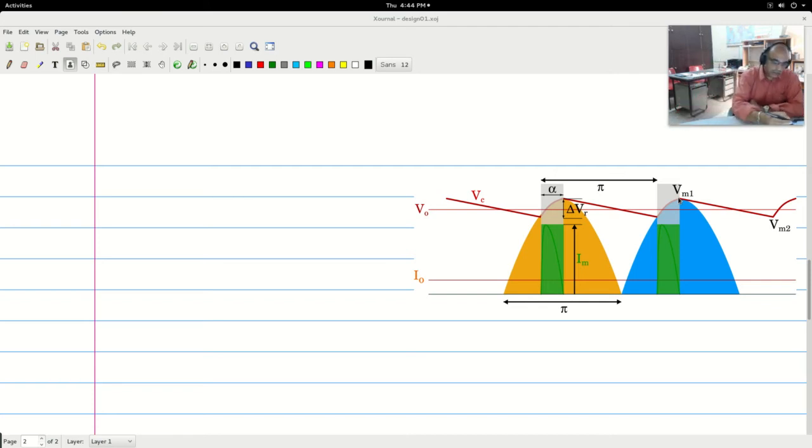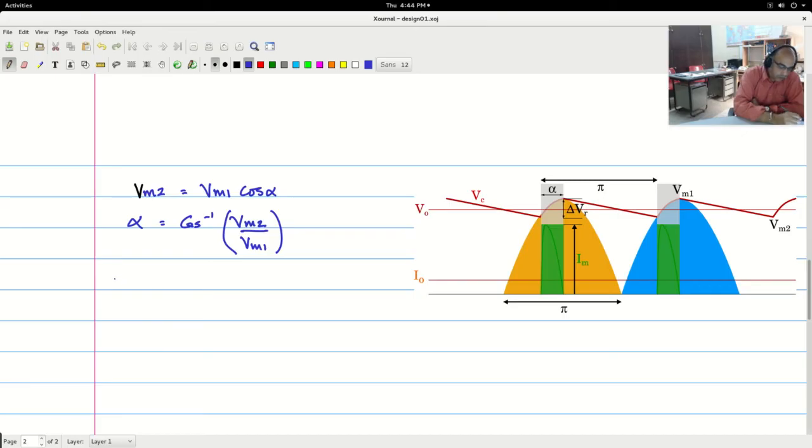So how we get that is like this. I will use the blue ink. Vm2 equals Vm1 cos alpha. Alpha equals cos inverse of Vm2 by Vm1.